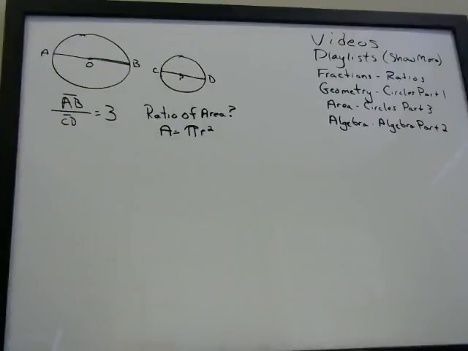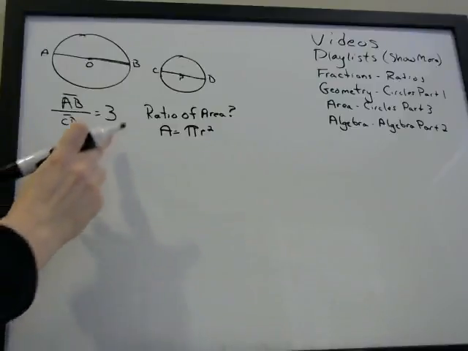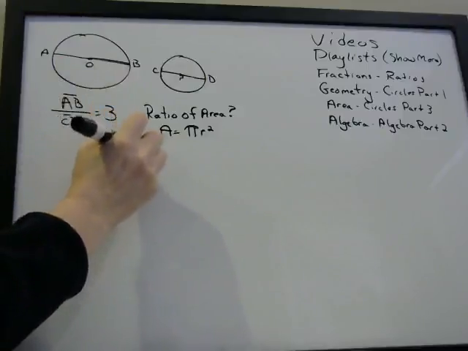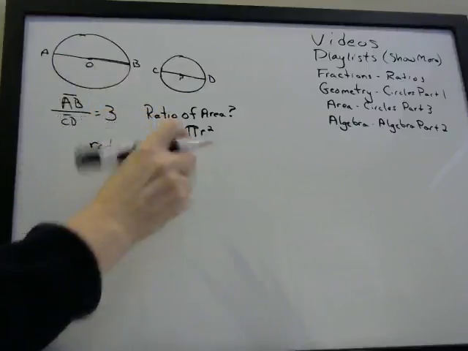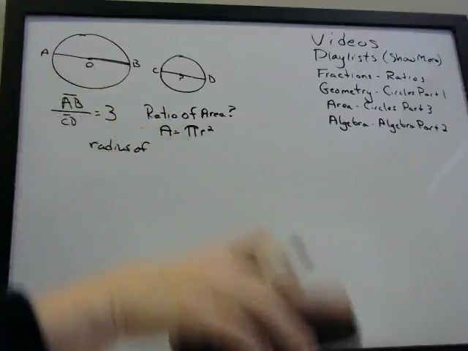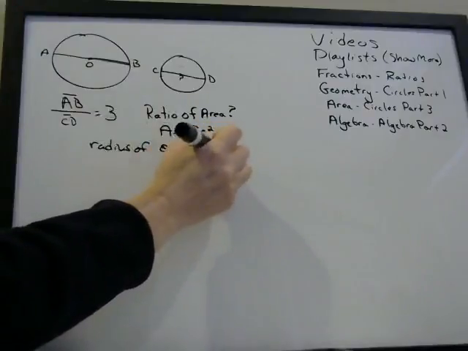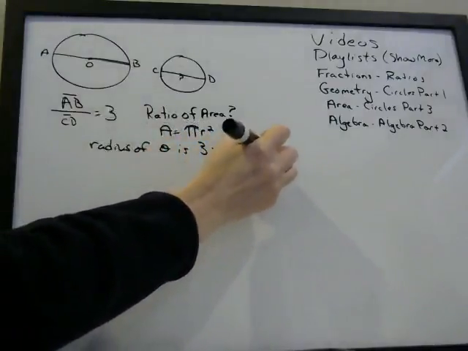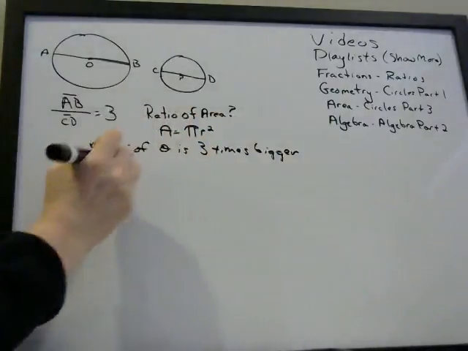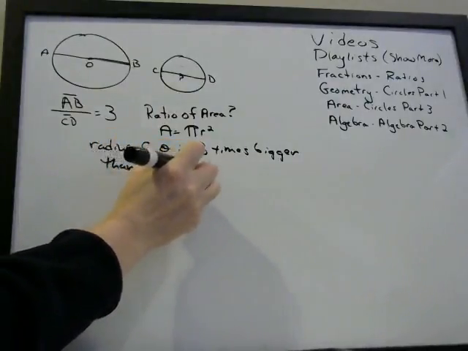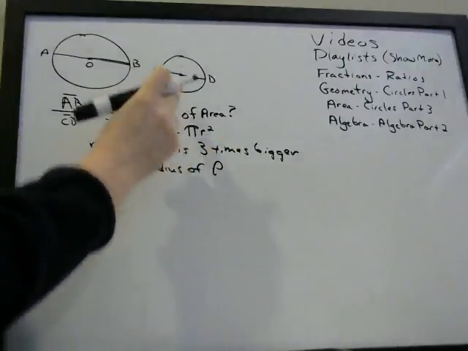So, depending on your math level, you can see that the radius of the larger circle, circle O, is 3 times bigger than the radius of circle P.